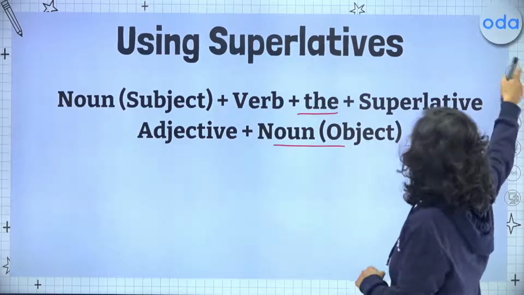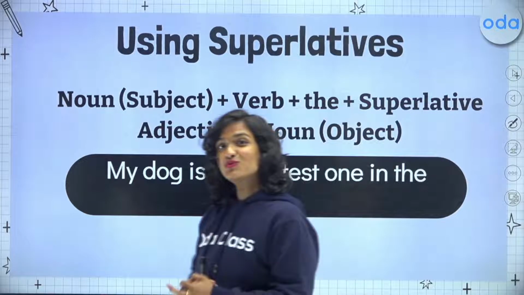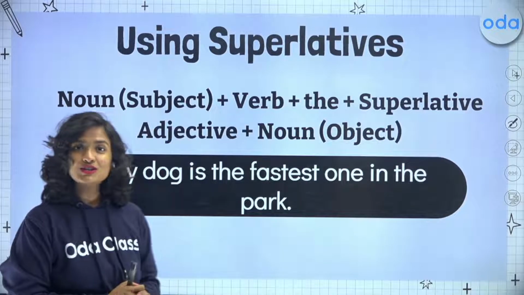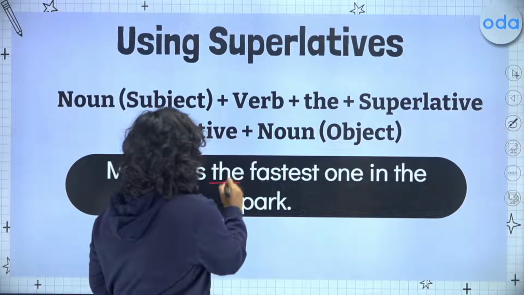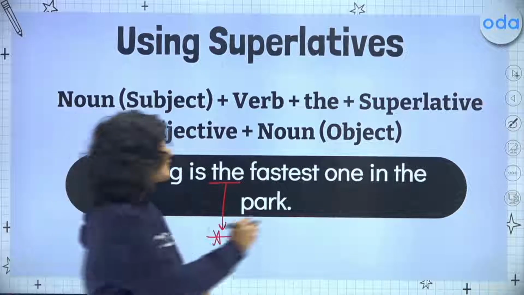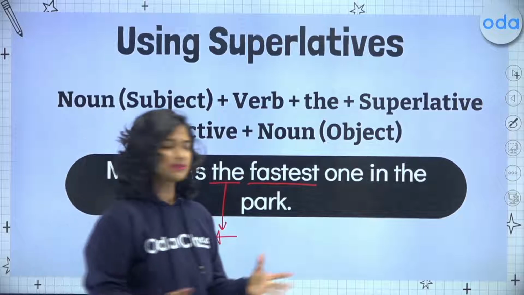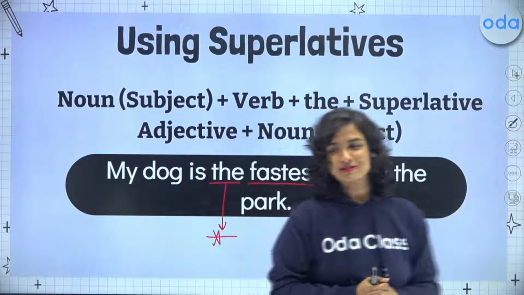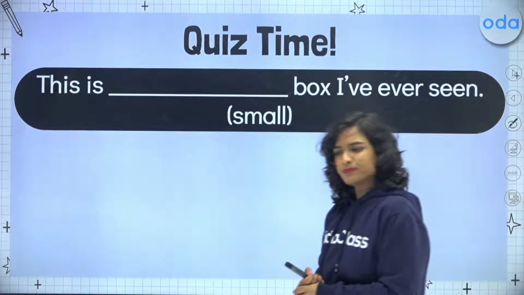Let's take an example to take a look at this. My dog is the fastest one in the park. So once again, we have here our subject, we have our verb. Next, we have our keyword, which is the, followed by the superlative degree of the adjective fastest, followed by our object, of course.